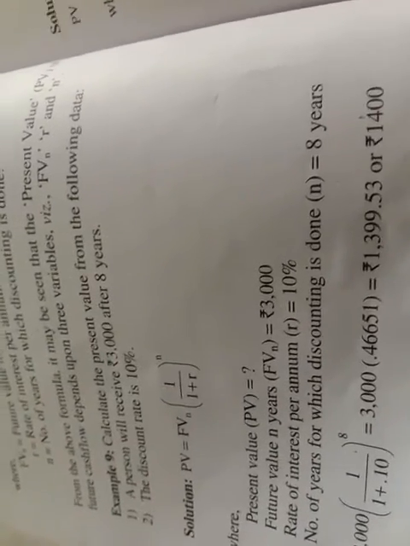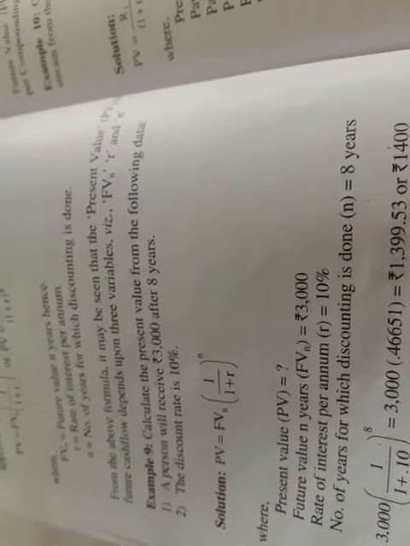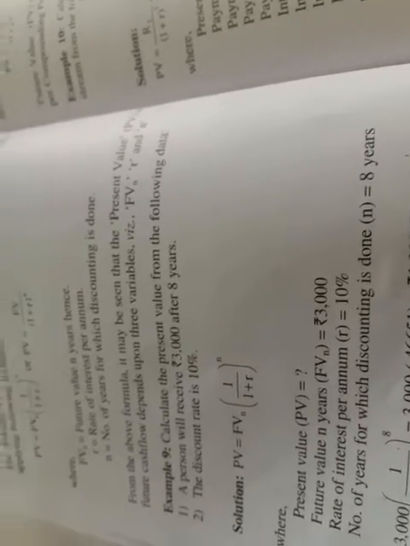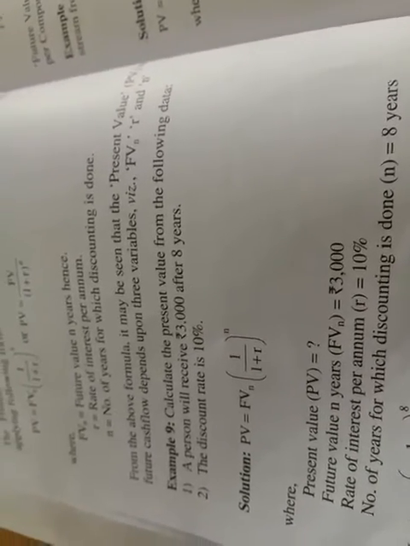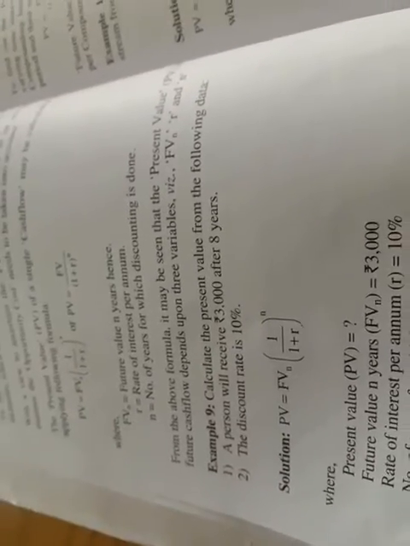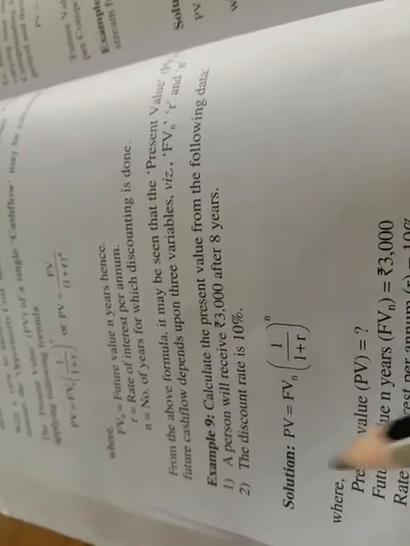After 8 years he is going to receive 3000, but how many rupees is the present value, or how many rupees is he investing? The discounting rate is 10%. So now use this formula.